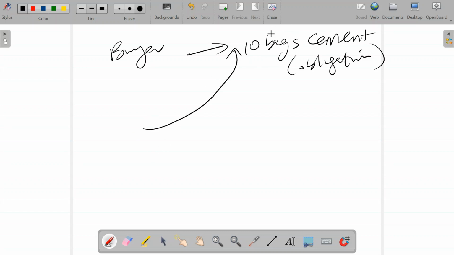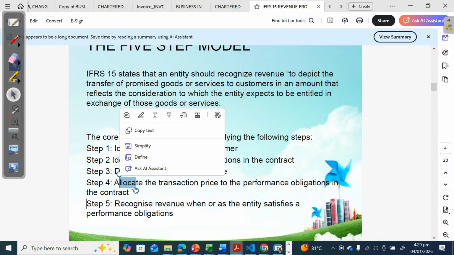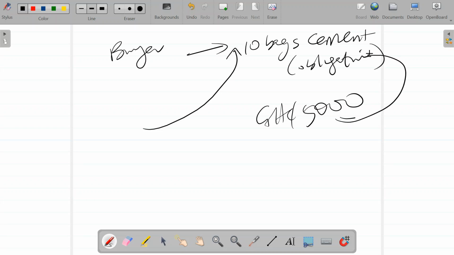What is the price of the delivery of the 10,000 bags? That is what this step is talking about. Maybe these 10,000 bags will cost maybe 5,000 cedis. So every performance obligation must be priced. Every work in the contract must be priced.